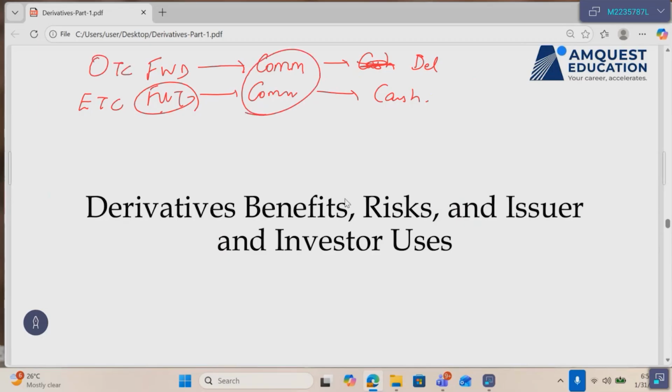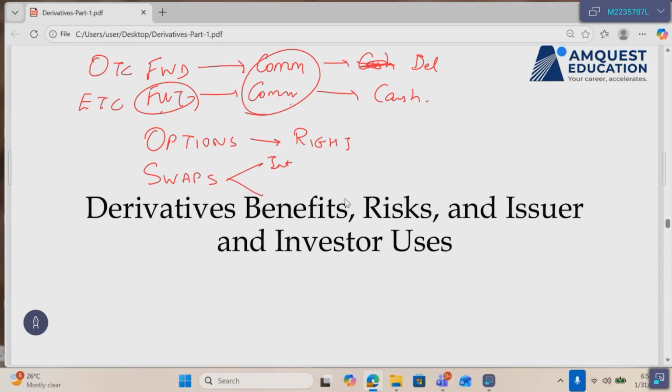How to avoid commitment? I'm giving you the world of options where you have a right and not a commitment, correct? And then we have swaps where you can swap one liability for the other. You can swap interest rates, you can swap shares, you can swap payments. These swaps can happen between parties. So there are four types of contracts.